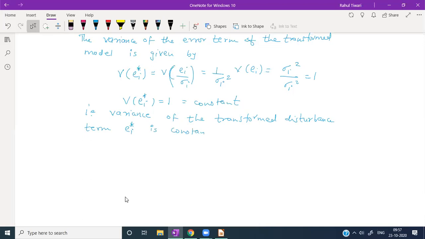We found that the variance of the disturbance term is a constant, and if the variance is constant, I may apply the OLS estimate.